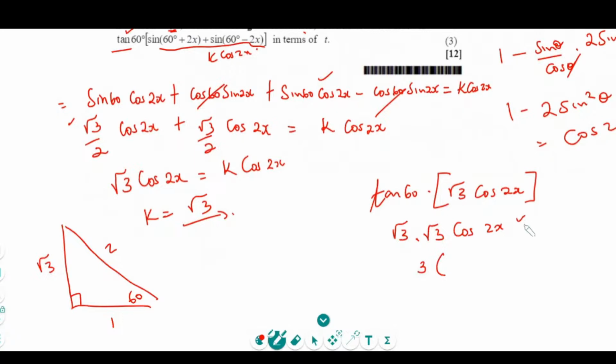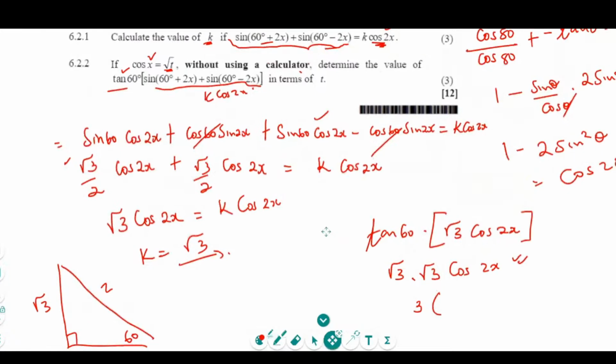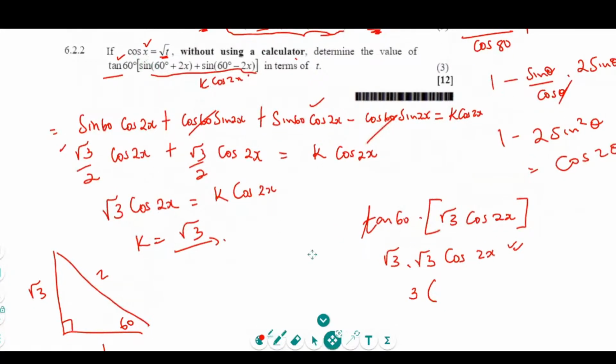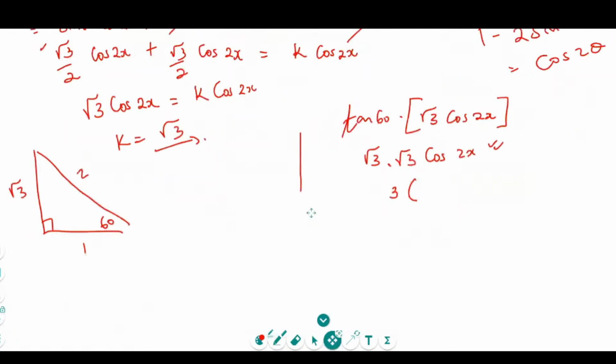I know that cos 2x, I can express it, because remember my statement gave me just cos x, not cos 2x. Okay, I can express cos 2x as 1 minus, is it 1 minus or 2 minus?